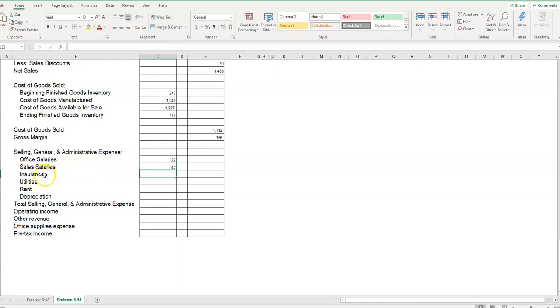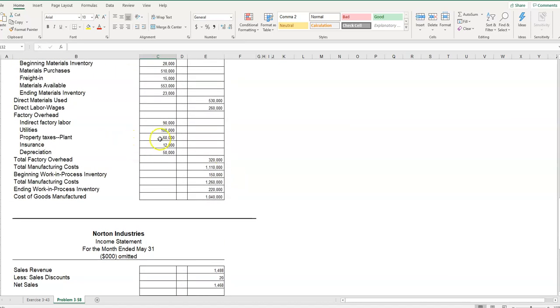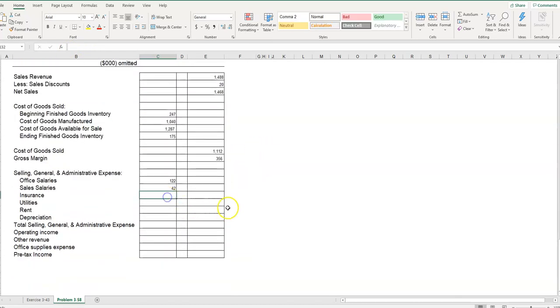Next, we have insurance. So if you remember when we were reading before for overhead, we had a $20,000 insurance cost. 60% of that $20,000 went to factory overhead. The remaining 40% is a period cost. So 20,000 times 40%.